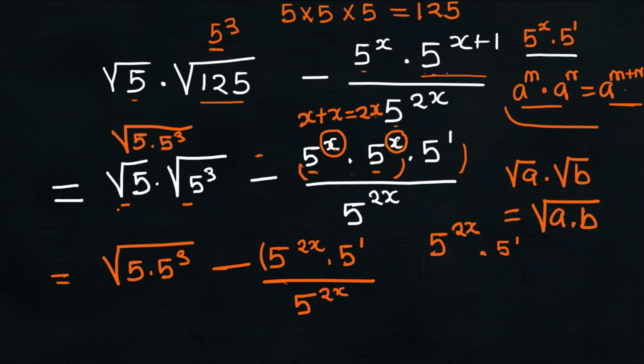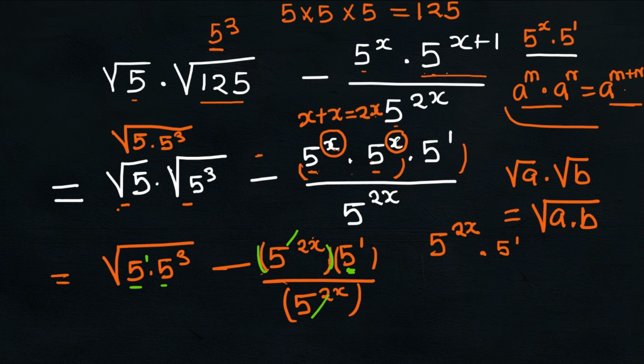Here we have this 5 to the power of 2x and 5 to the power of 2x, which are going to cancel. This one is going to cancel this one, and then we are going to be left with 5 alone on this side. Then this and this are multiplying each other again. We basically don't write the 1, because any number to the power of 1 is that number.